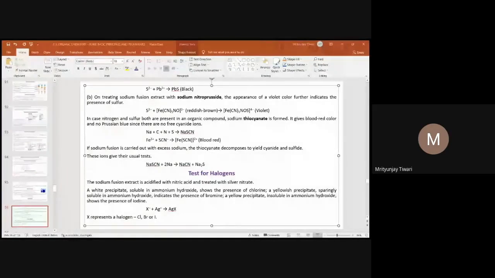You can get the percentage composition if you exactly know the molecular formula of the organic compound.